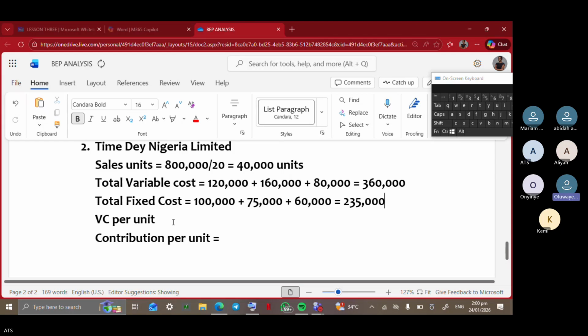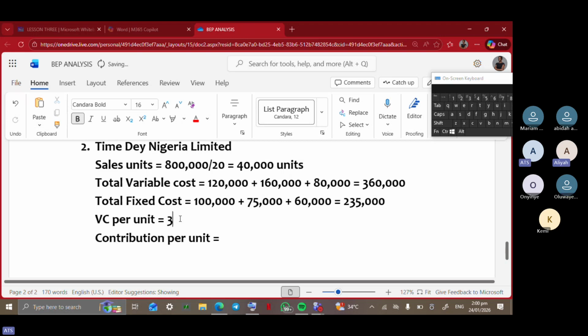So now here, to get our number of units we use 40,000. We were given 20 naira, but they did not give us our variable cost per unit. They only gave us our selling price per unit, right? So we want to find variable cost. How do you get variable cost per unit by yourself? If total variable cost was 360,000 and you produce 40,000 units, what is your variable cost per unit?